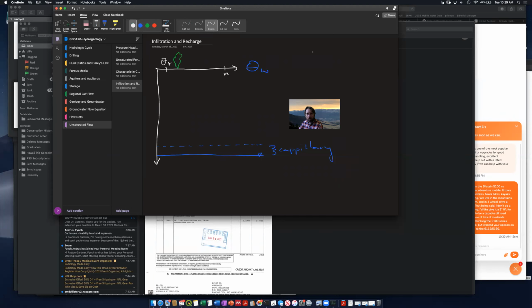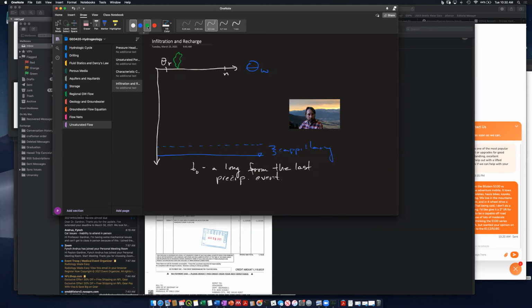And we're going to start off at T0, which is a long time since a precipitation event. So a long time from the last precip event. And in this state, our soil is really well drained.